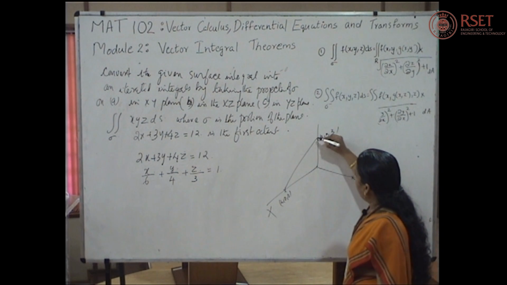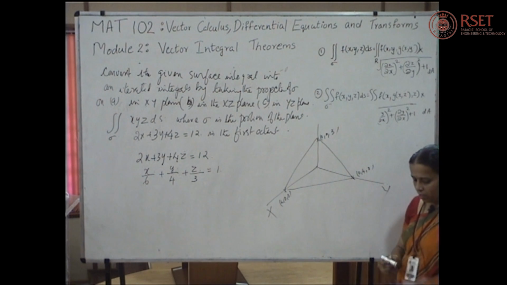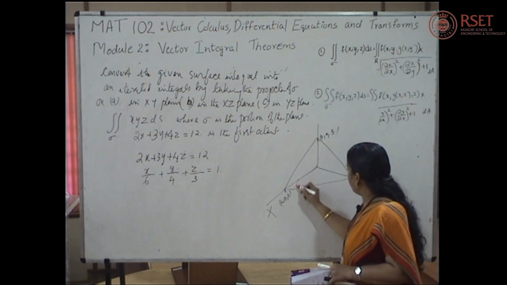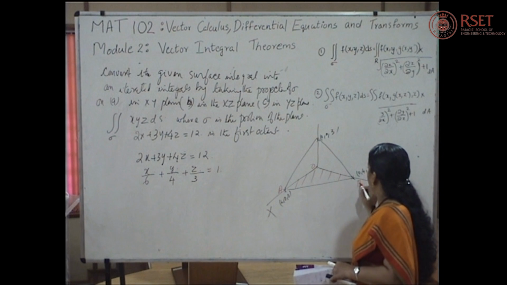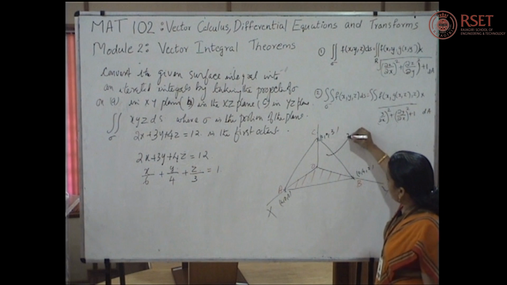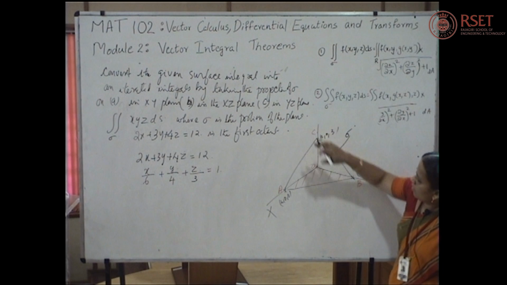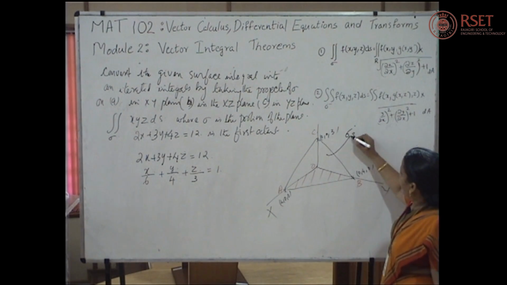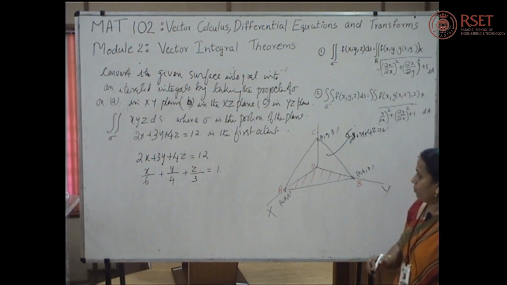Then the intersection of the plane in the first octant is given by this surface, whose base is the triangle OAB. The given surface sigma is the slanting plane 2x plus 3y plus 4z is equal to 12.